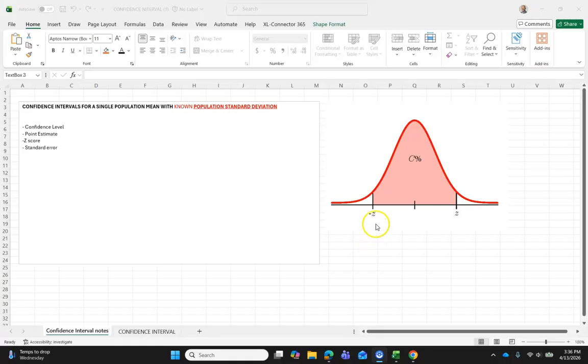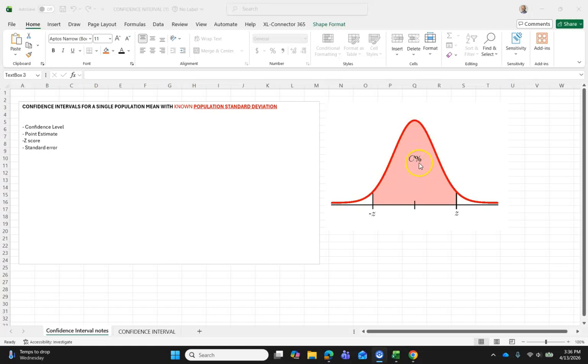And in this case, we can find this bound or limit if we know the z value, and also we can find the value here if we know the z value. But we saw that if we have probability, we can find the z value, and if we know the z value, we can find probability.